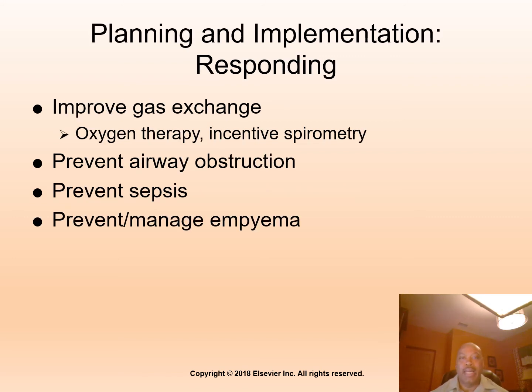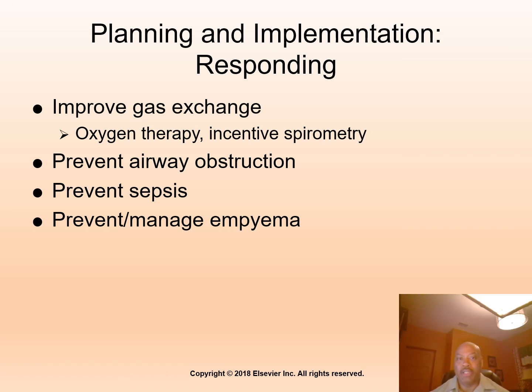As far as planning and implementation, essentially responding, we want to improve gas exchange, of course, by providing oxygen therapy and also considering incentive spirometry usage. Also, we want to prevent airway obstruction, prevent sepsis, and prevent or manage patients who have emphysema.